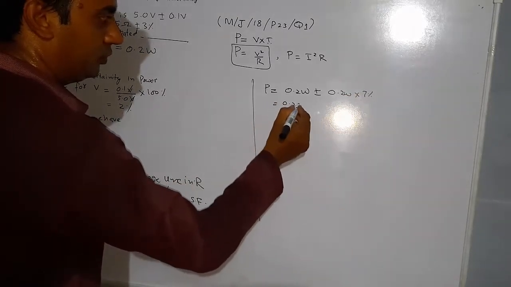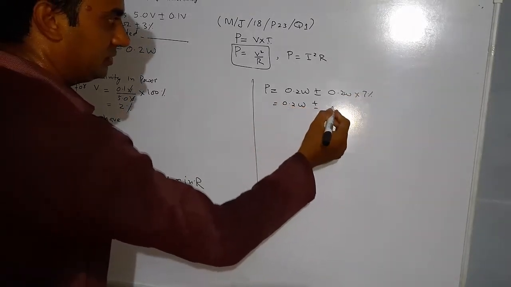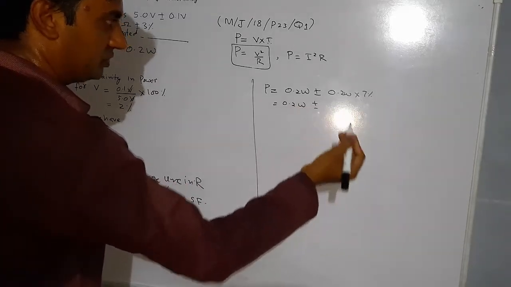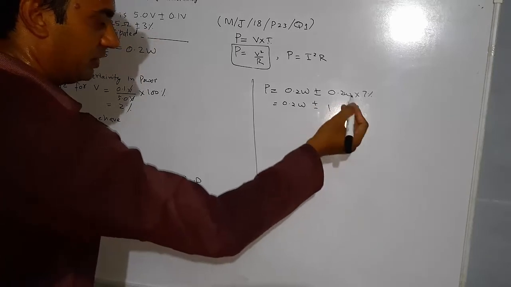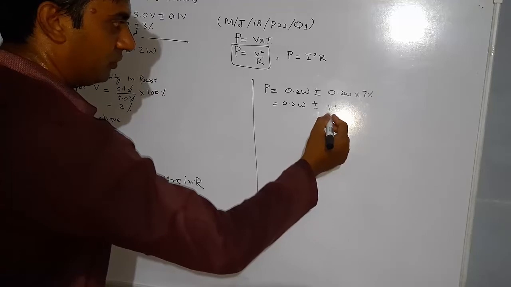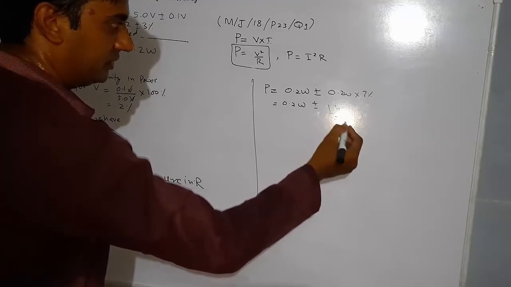So 0.2 watt plus minus 0.2 multiplied by 7 is 1.4, so 1.4 over 100.